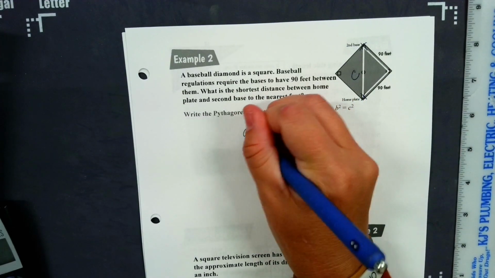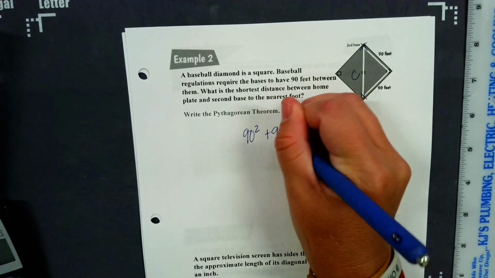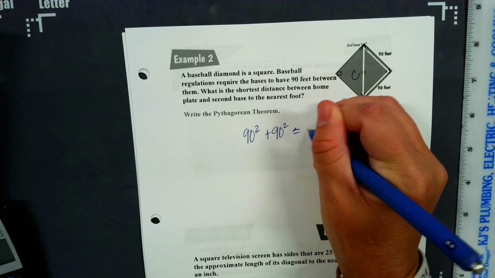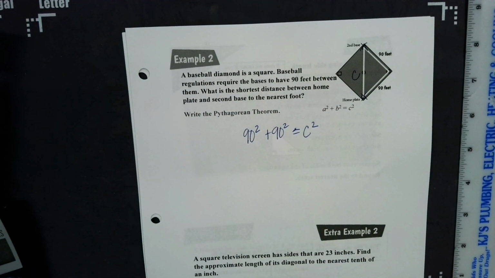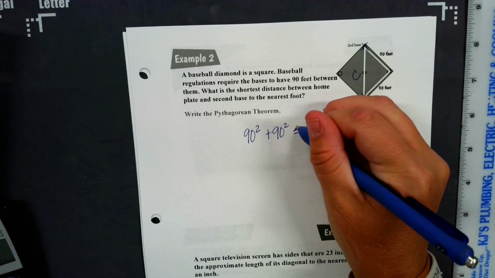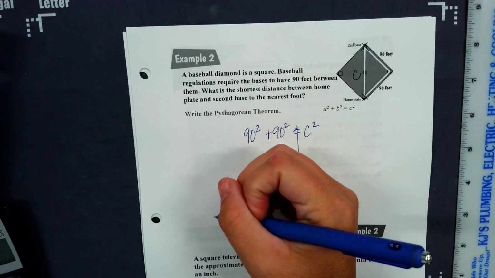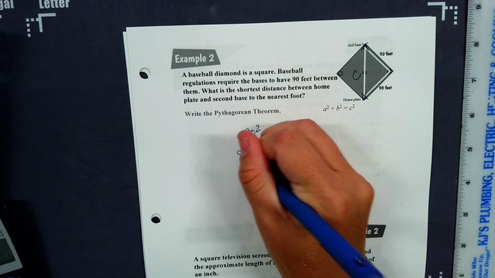So we have 90 squared plus 90 squared, and I'm looking for that shortest distance. Okay. What is 90 squared? 8,100.